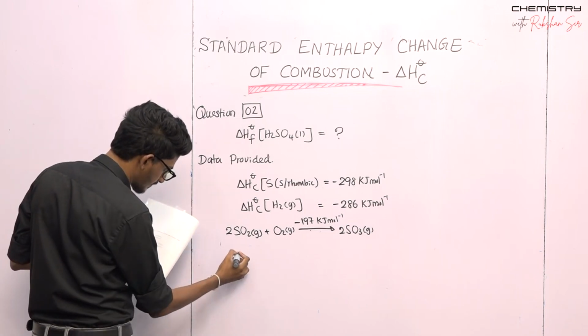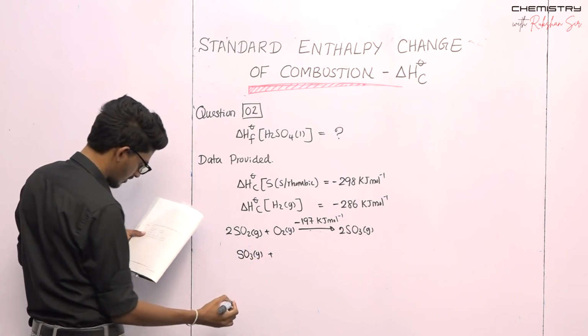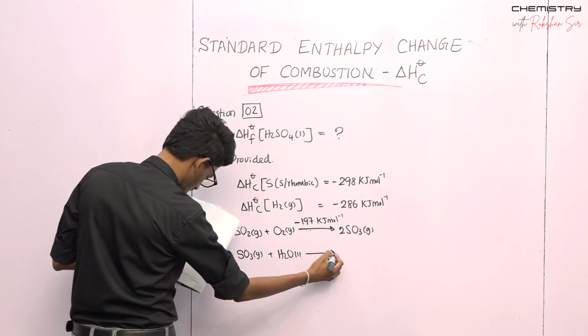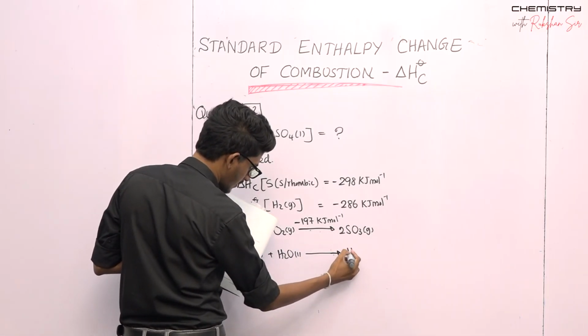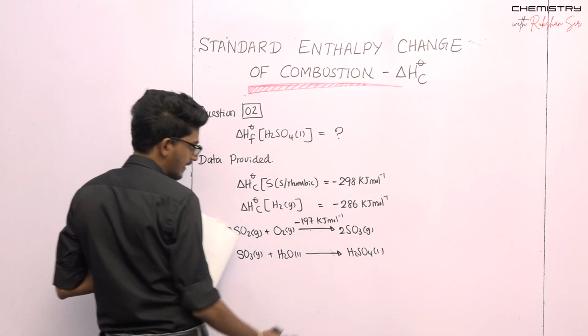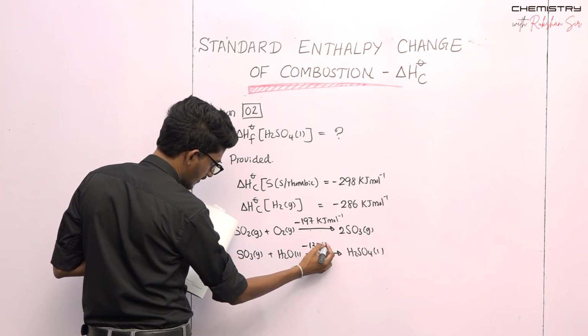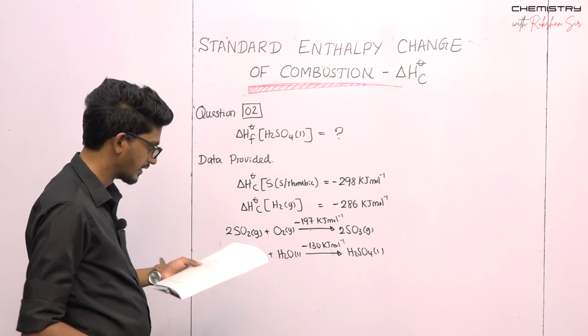For the second one, it was SO3 gas. When that reacts with H2O liquid to produce H2SO4 liquid, the delta H of this reaction is given as 130 kilojoules per mole. So these are the data provided there.